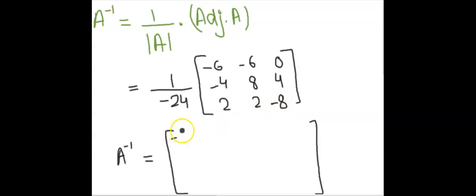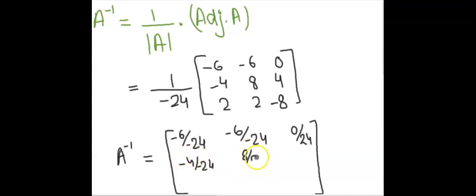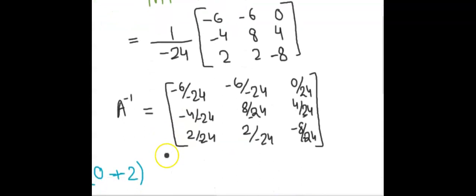So what you do is minus 6 over minus 24, minus 6 over minus 24, 0 over 24, minus 4 over minus 24, 8 over 24, 4 over 24, 2 over 24, I mean minus 24, this is minus 24, not 24. That's minus 24 as well. 2 over minus 24, minus 8 over minus 24. They're all minus 24. Yeah.